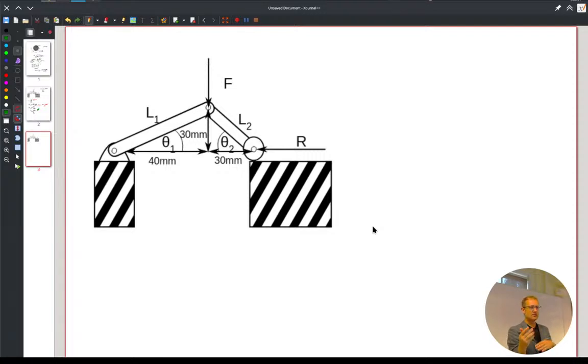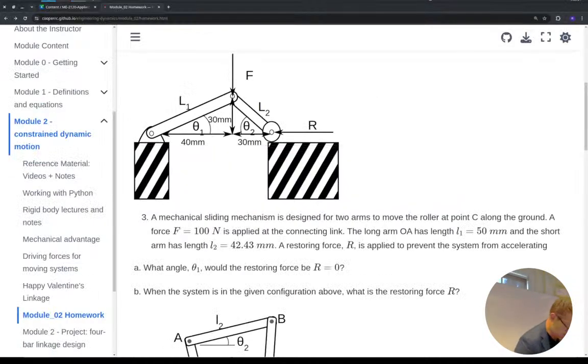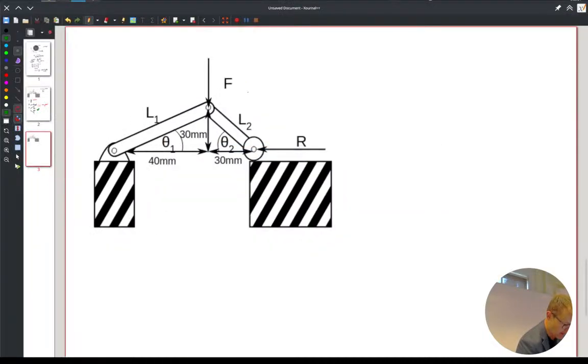So it's less than infinity, but it's more than 0. So now the question is, in the way that things are set up, what is R? F is 100. R, we don't know.